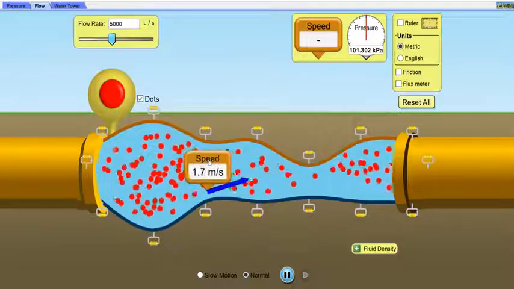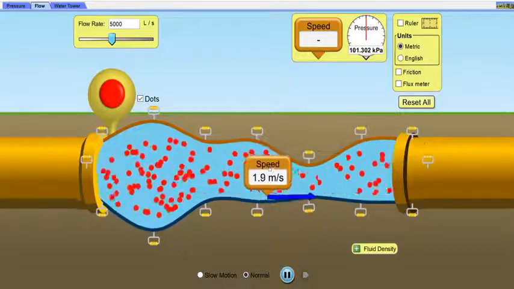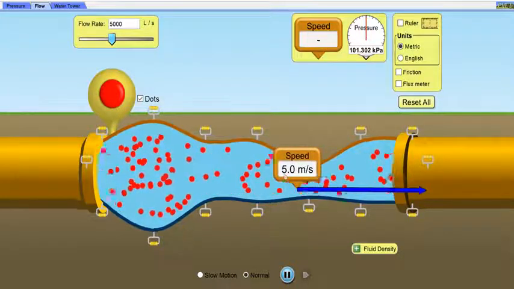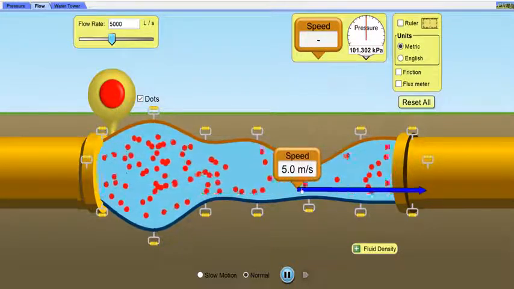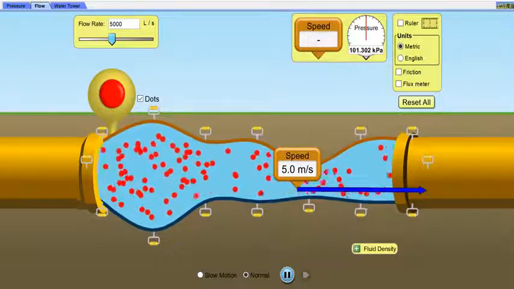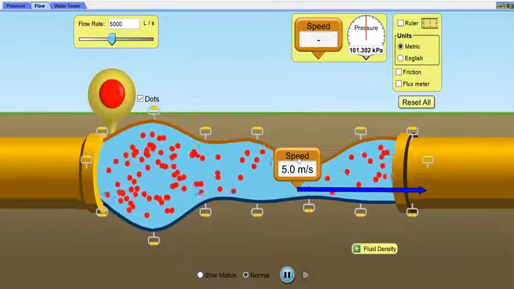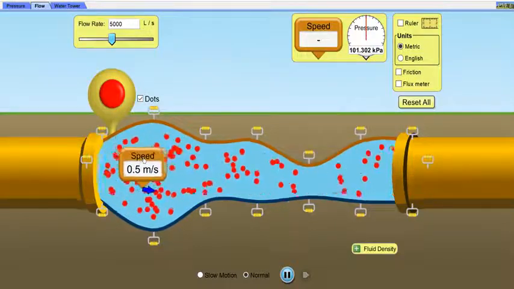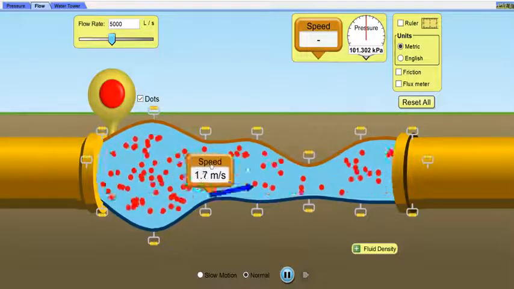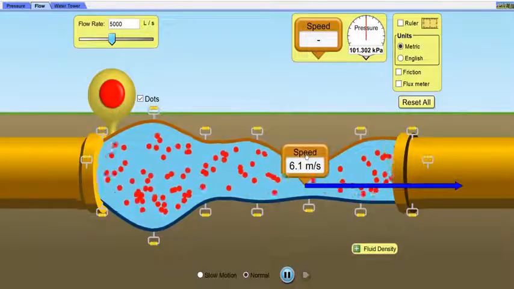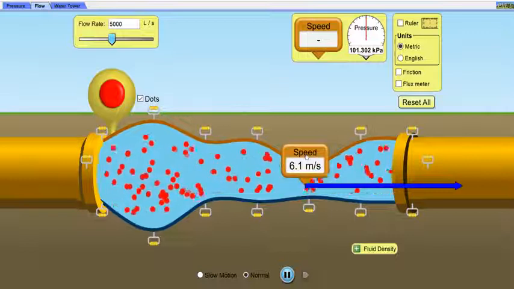Let's move it towards smaller area. You can observe by its magnitude that its value is 5 meter per second, and the length of this blue vector showing its magnitude is much higher in comparison to this place where it is 0.5 meter per second, and here it is 6.1 meters per second.